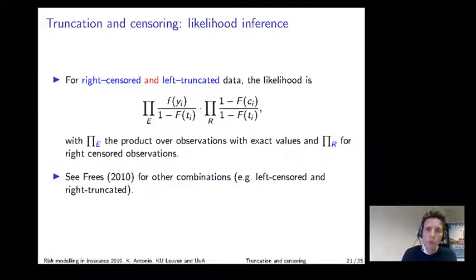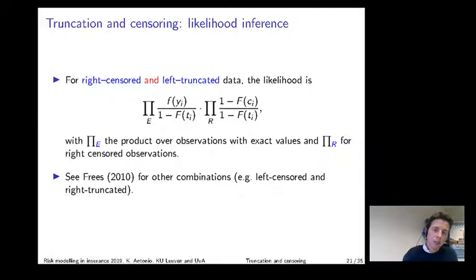Now, putting this all together, the likelihood for right censored and left truncated data is given as follows. So compared to the likelihood that we wrote down for right censored data on sheet number 19, you will now work with conditional densities and conditional CDFs, where you condition on the fact that Y should be larger than an observation-specific threshold t_i in order to take this left truncated feature into account.